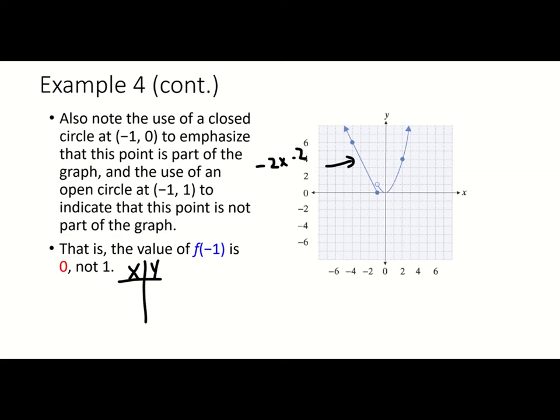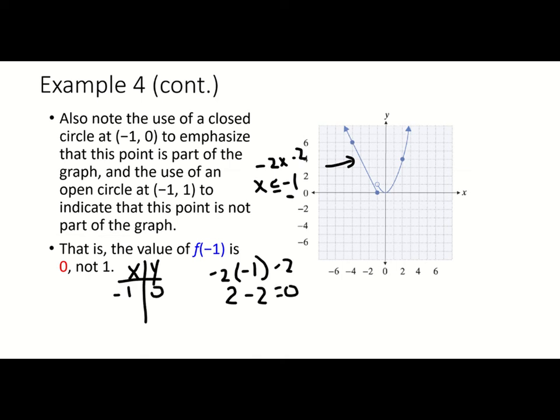So for the negative 2x minus 2, it was x is less than or equal to negative 1. So negative 1 is your starting point. When you're finding points to graph, you always want to put that negative 1 in there. So I would evaluate it, and I would do negative 2 times negative 1 minus 2. That's going to give me 2 minus 2, which is 0. So that is the starting point for my equation.